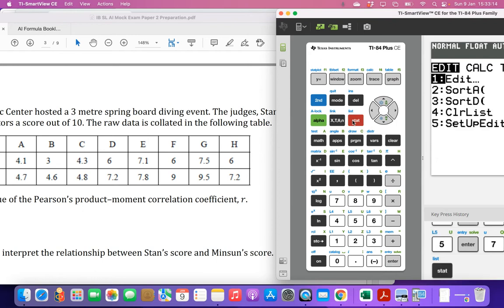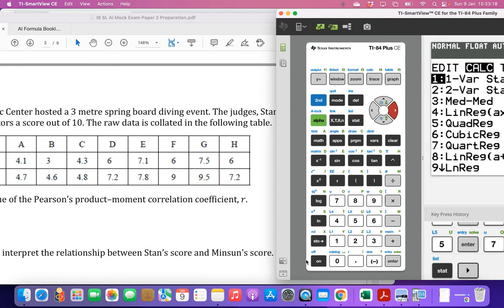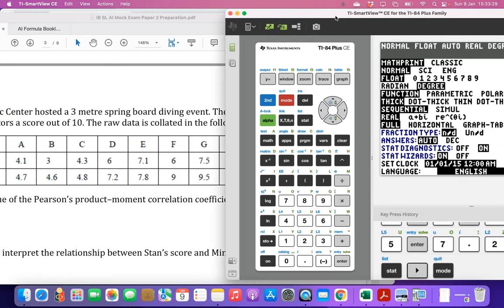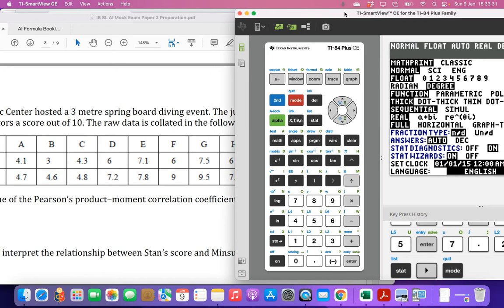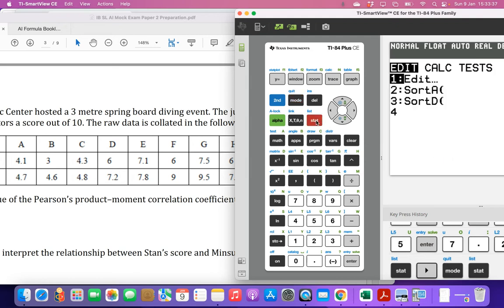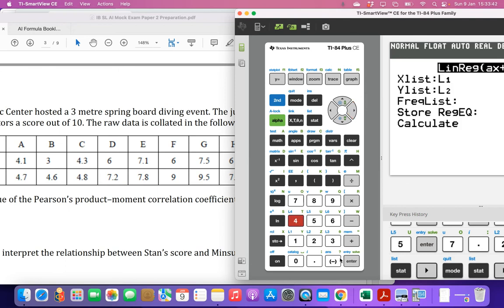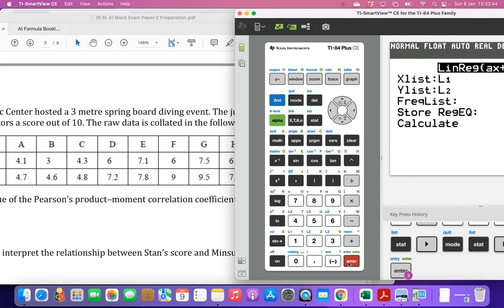I'm going to go back to stat, and I'm going to calculate LinReg 4. And again, I want to make sure that I have stat diagnostics on in the mode, or I won't get Pearson's. I won't get the R, Pearson's correlation coefficient. So stat calc for list 1, list 2, no frequency list here.